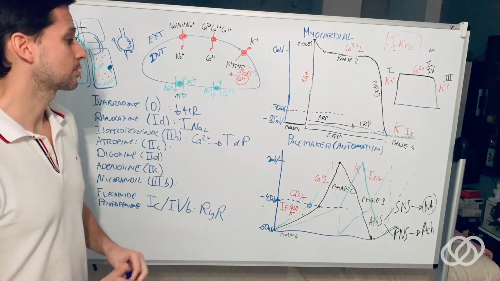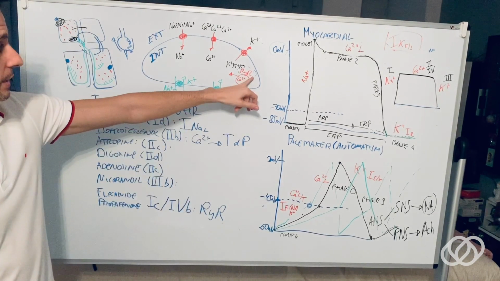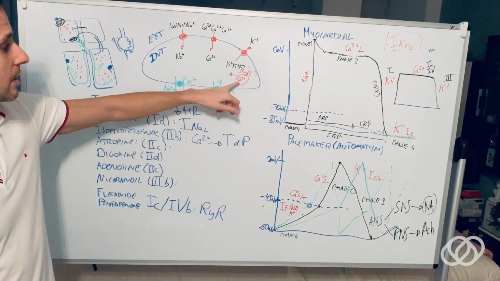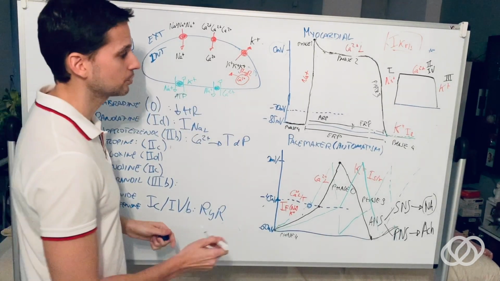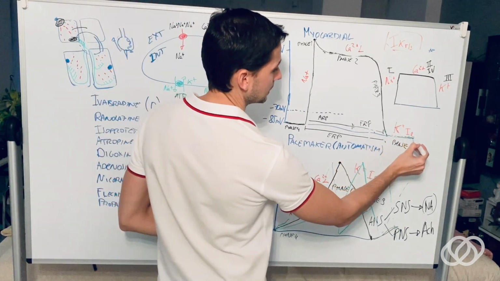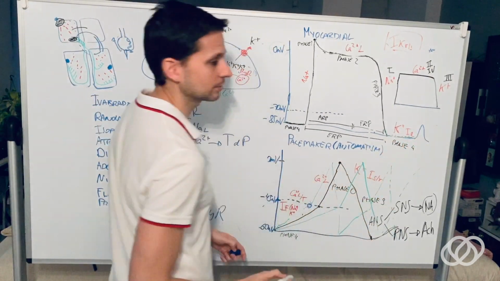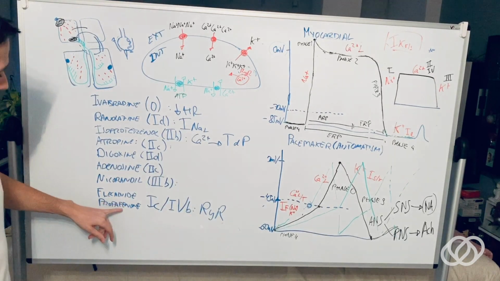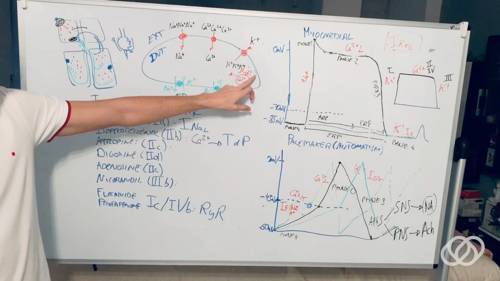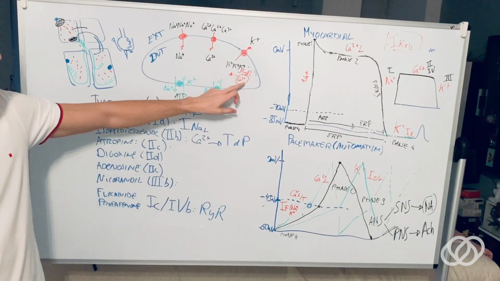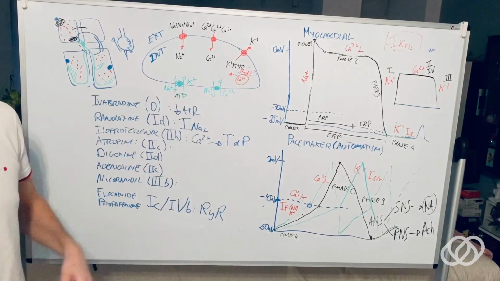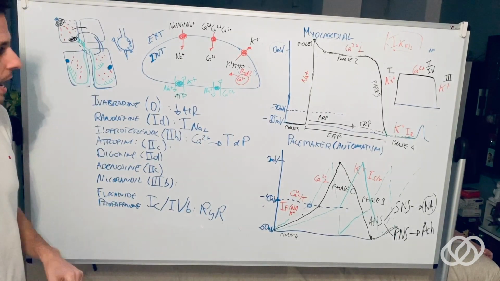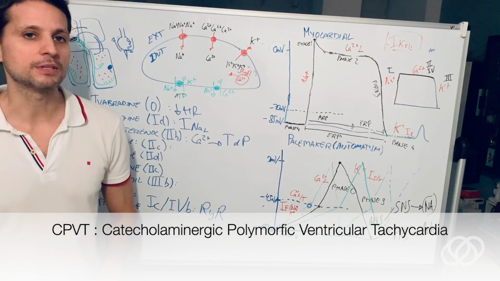Sometimes we have problems in those ryanodine receptors, they are not okay, and there is a leak of calcium that could produce those delayed afterdepolarizations. So flecainide and propafenone block these ryanodine receptors and avoid this leak of calcium. That's why recently these drugs are being used for CPVT.